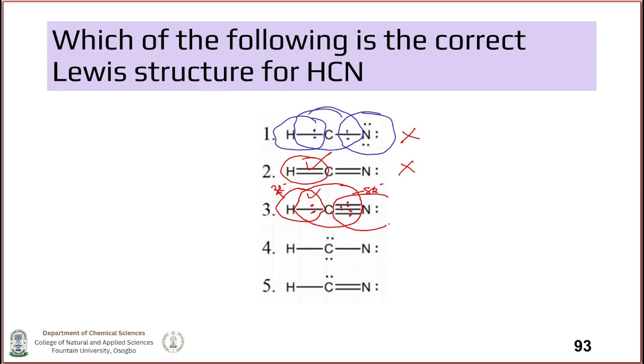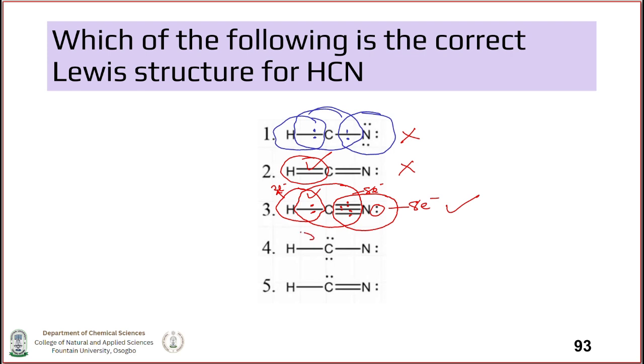You can see how I'm selecting the bonds and the lone pair. There are 6 electrons in this triple bond, and then we have 2 electrons from the lone pair. So nitrogen has 8 electrons as well. Nitrogen has 8, carbon has 8, and hydrogen has 2. So this is correct.